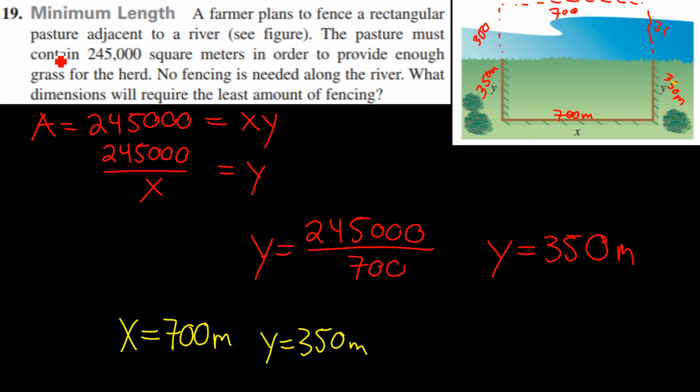But the big goal, going back to the beginning of the problem, is we want to figure out what it is we're trying to minimize. We wanted to minimize the amount of fence, or the perimeter. So everything goes from there. Now, the extra info that they give us allows us to write y in terms of x. So when we go over these in class, try and keep in mind what is the thing we're trying to minimize, and sometimes we do have to do a little work to make that happen for us.